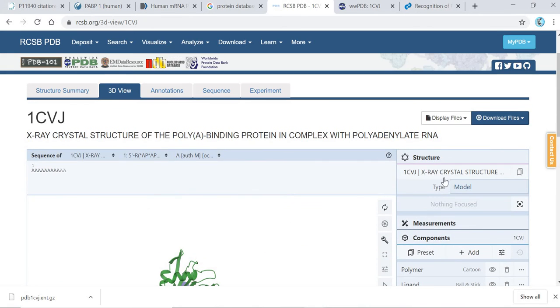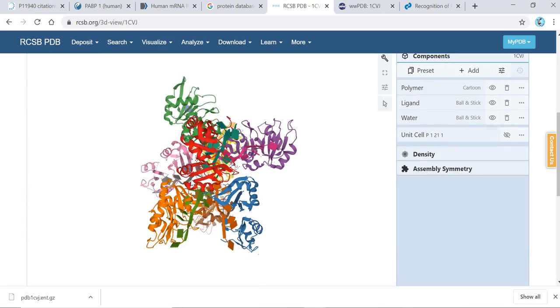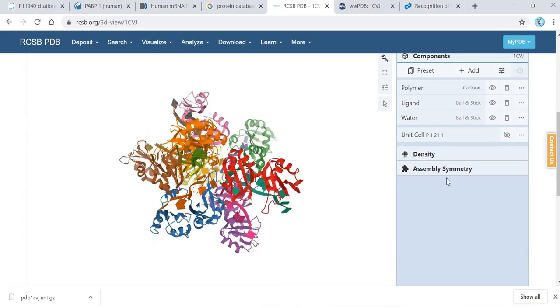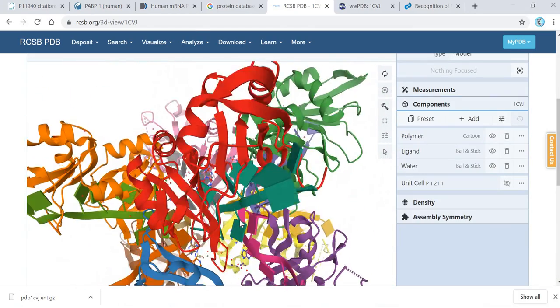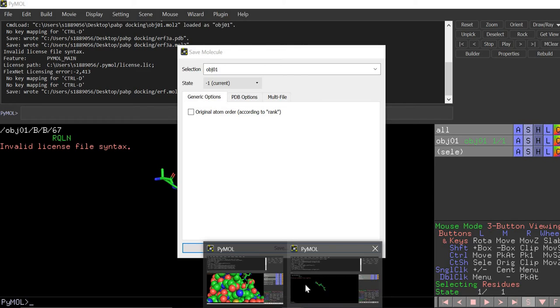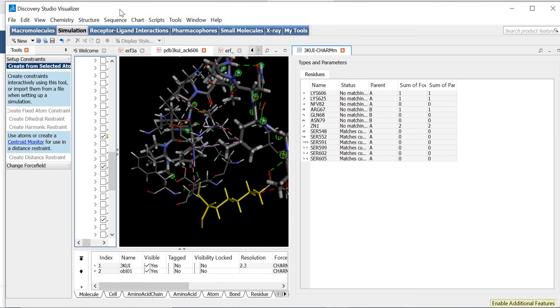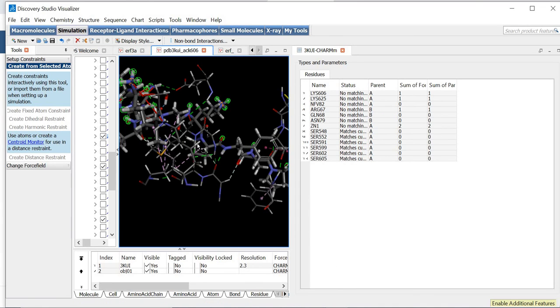So I think this is a different structure. Is this the same? Okay, so we can look for the structure of the protein here online, or you can download it to PyMol, or you can download Discovery Studio Visualizer and look here. These are the other proteins.